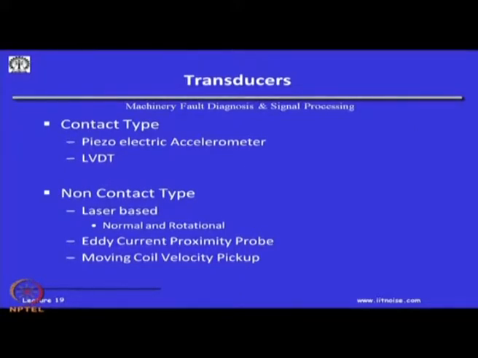The eddy current proximity probe and moving coil velocity pickup essentially measure the velocities and are non-contacting in nature. But again, a disadvantage of the eddy current proximity probe or the moving coil velocity pickup is that they cannot be used on surfaces which are non-ferritic. Surfaces have to be ferritic to use the eddy current probe or the moving coil velocity pickup.